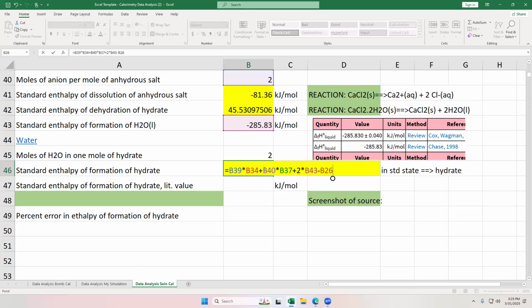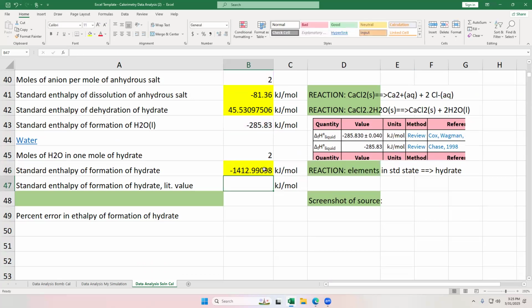So this one uses delta H of formations. If you press enter, it's minus 1412. That's the standard enthalpy of formation of your hydrate.